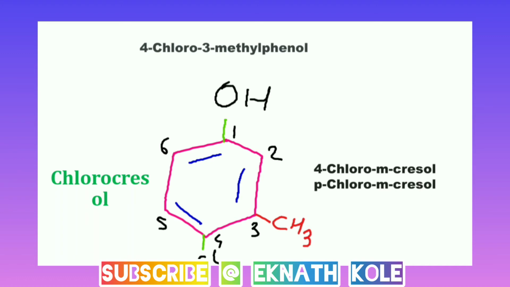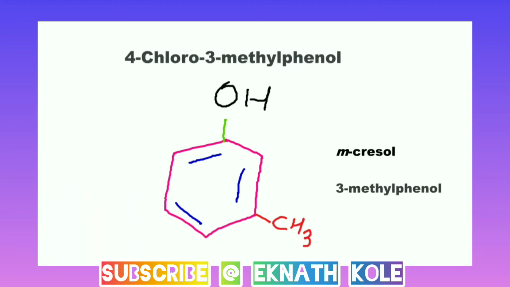Then we will discuss how to draw the structure from the chemical name. Here is a chemical name, 4-chloro 3-methyl phenol. You have to first draw the structure of phenol.